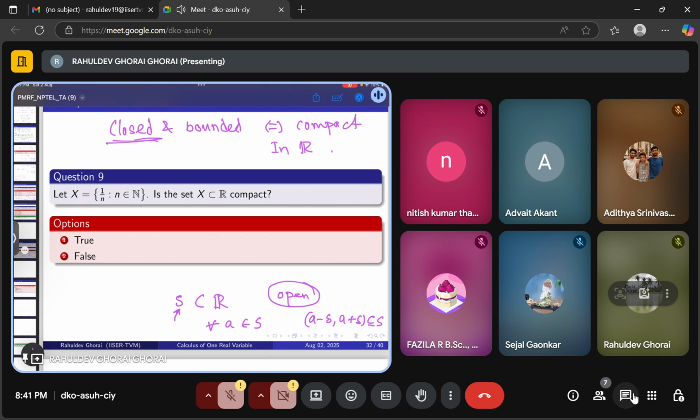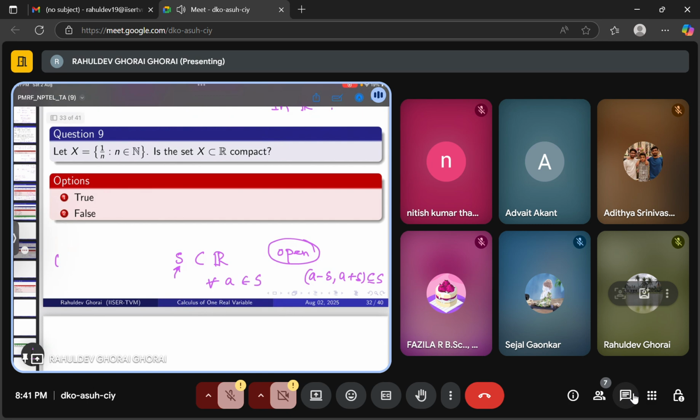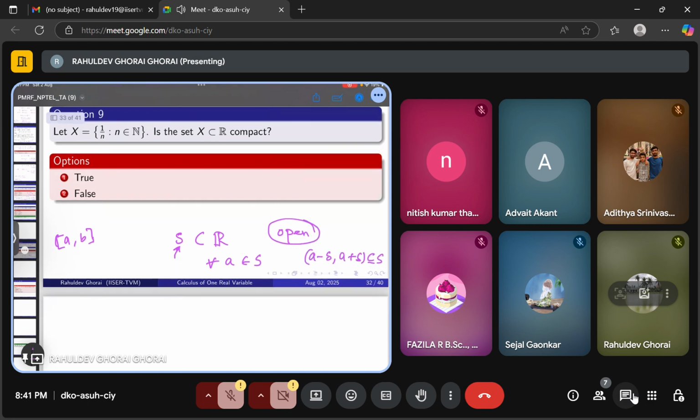That's precisely the definition of an open set. Do you understand this? Let's say you have a to b. Is it an open set? No. Why?